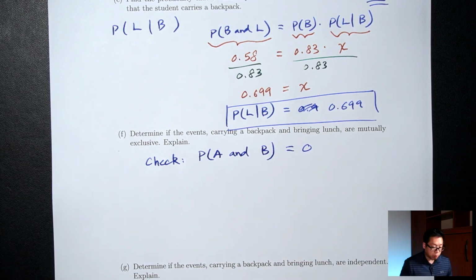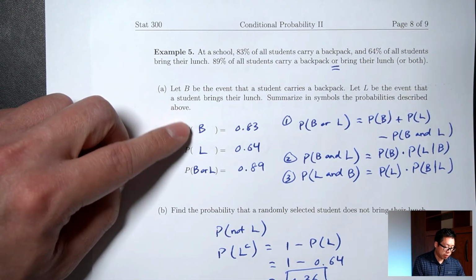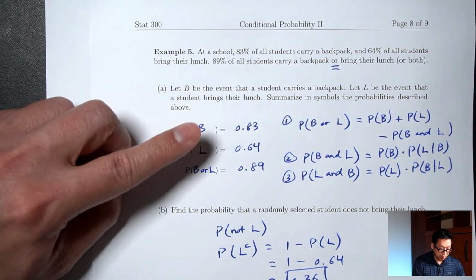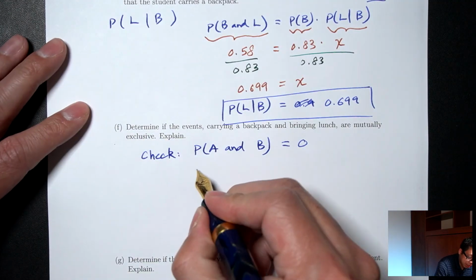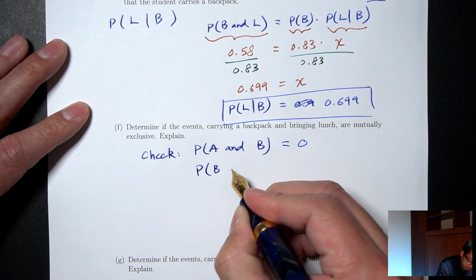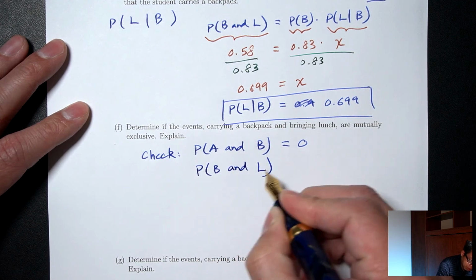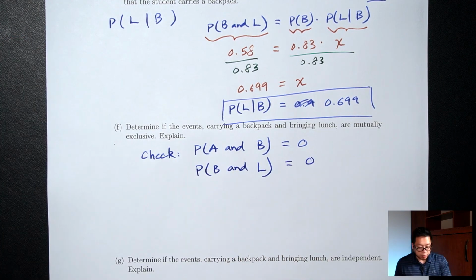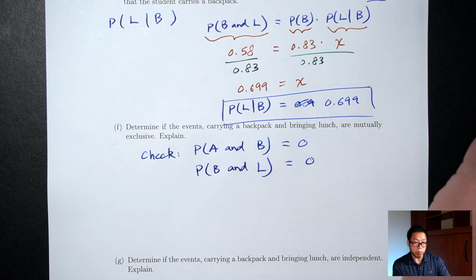Because for this problem we're talking about B's and L's, let me replace the A with B and the B with L. So this will say probability of B and L equals 0. Check left, check right, and then check if they're equal.